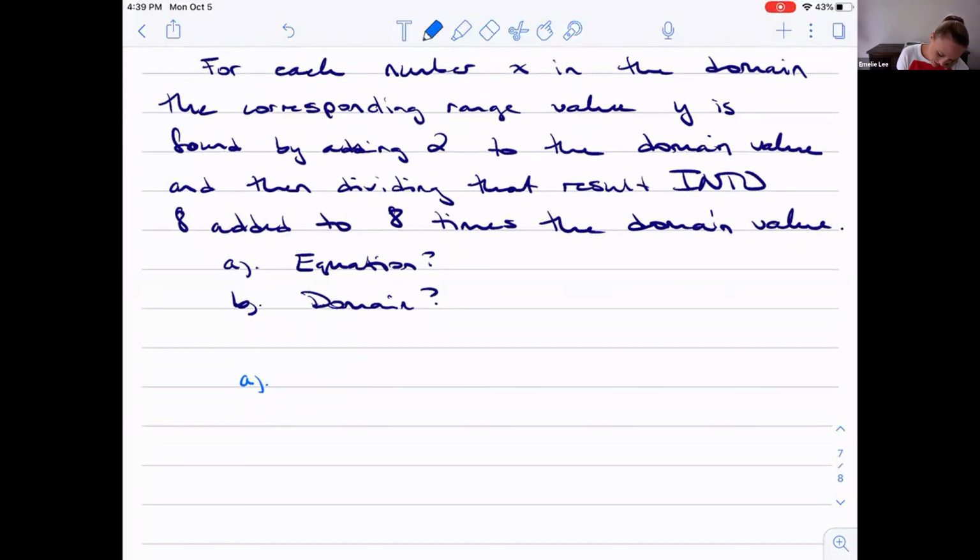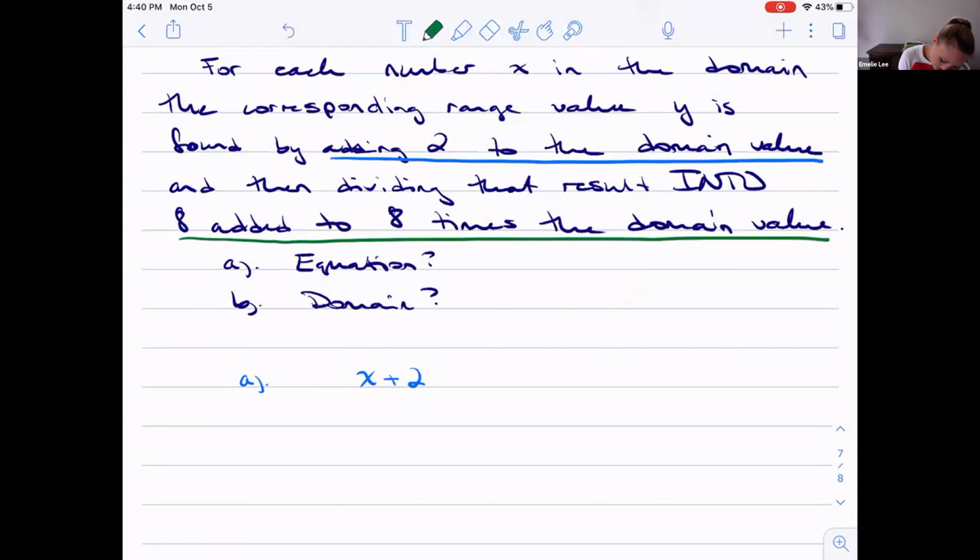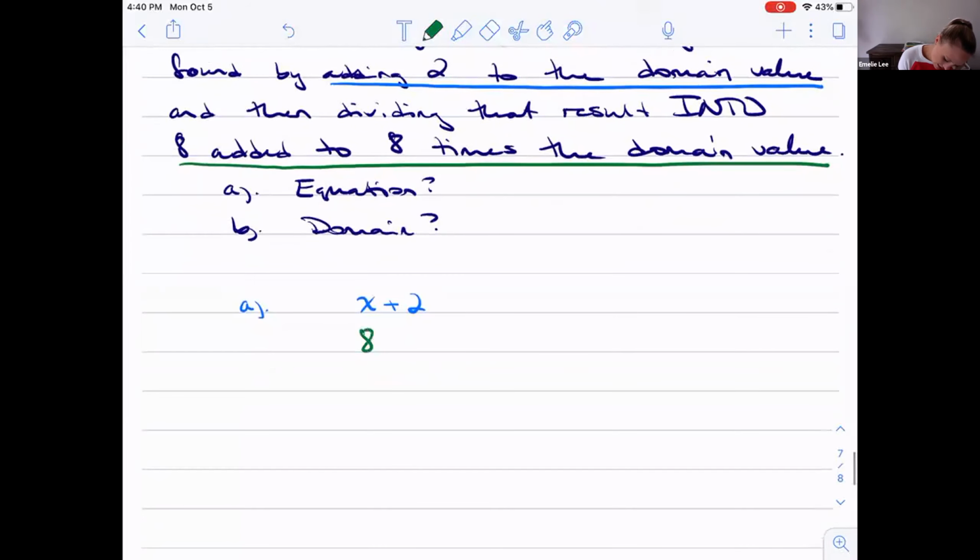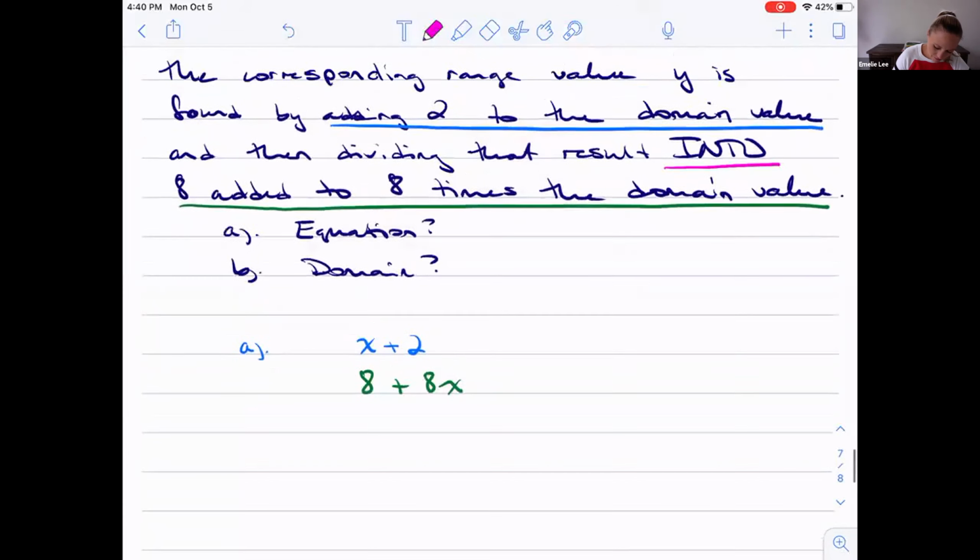Adding 2 to the domain value. That's just x plus 2, right? I'm just going to break down all the little portions and see what's going on here. And then dividing that result into 8 added to 8 times the domain value. That's going to be 8 added to 8 times the domain value. But we're dividing that result into, okay.